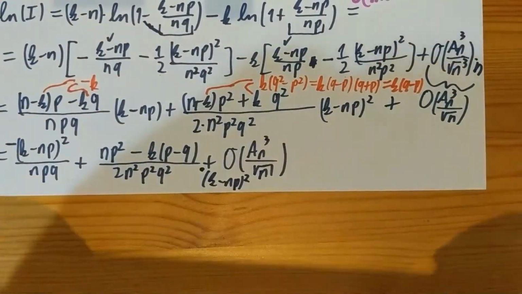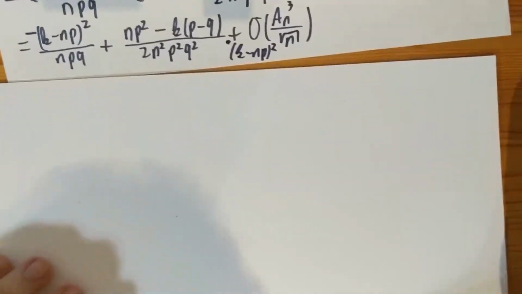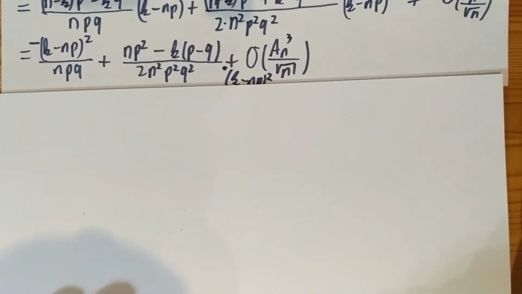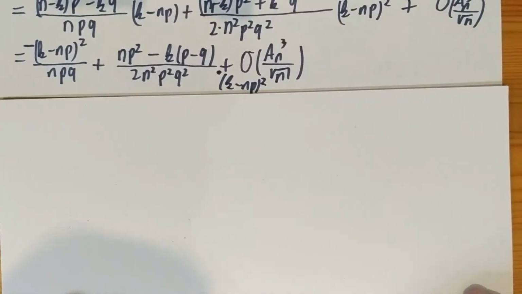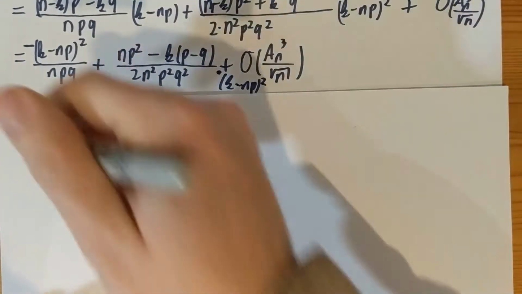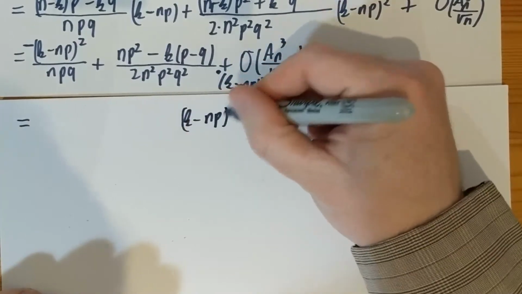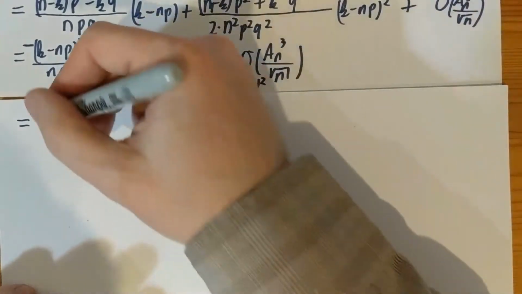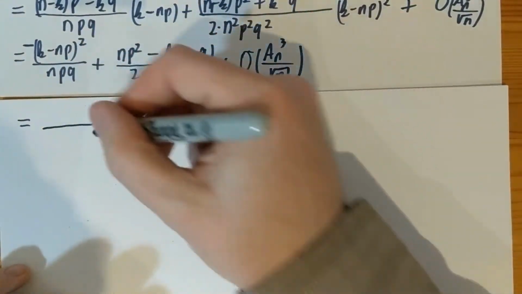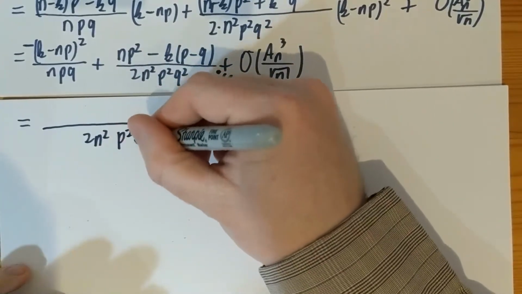It's a fine asymptotic of this formula, making sure we use all that we know. So this was the last stage we had, and so let's proceed with factoring out a k minus np squared, which we have both here and there. So let's factor that out, and let's write all the rest and a common denominator of 2n squared p squared q squared.